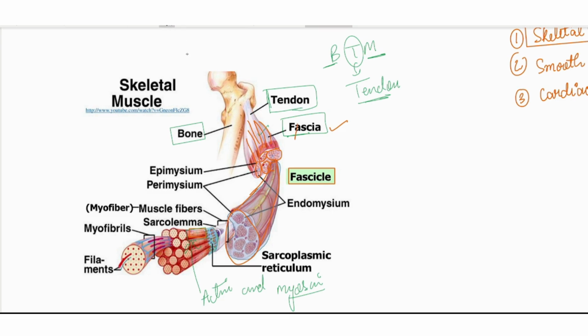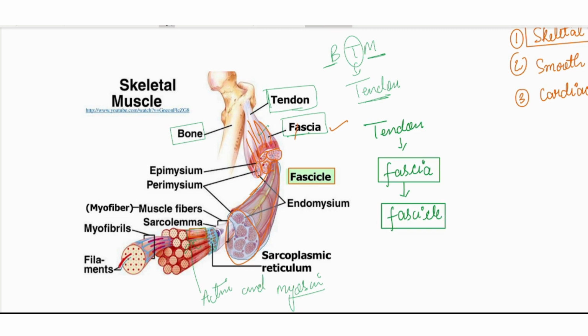So first of all we should know the hierarchy, again like in the bones we have seen. Here also if you understand, it will help you in understanding the questions, right? So first of all, having the tendon. In the tendon, having the fascia. Fascia and fascicle is a little bit confusing for students, so don't get this type of confusion. It will be better if you understand it here itself. Okay, so the fascia has the fascicle, because many times I have seen a question given in the form of a hierarchy, like fascia having fascicle or fascicle having fascia.